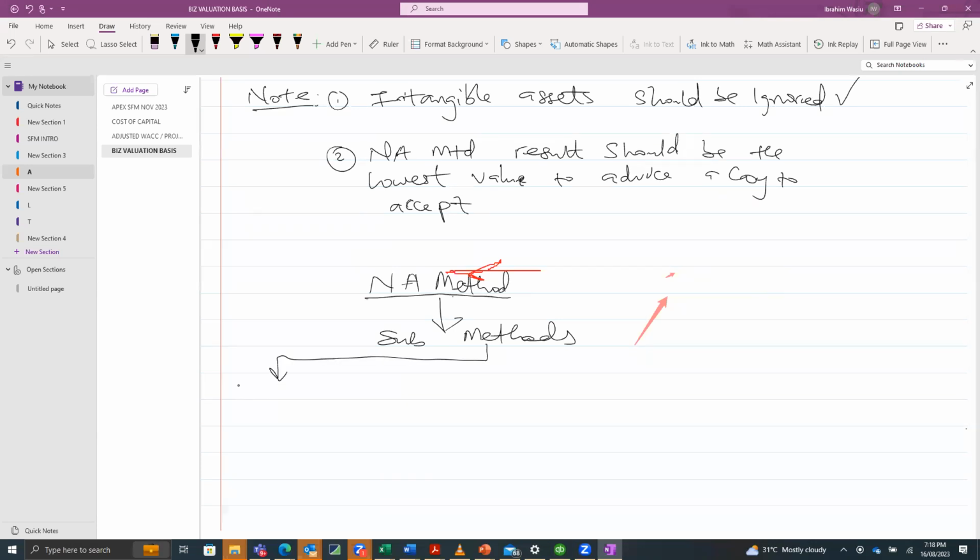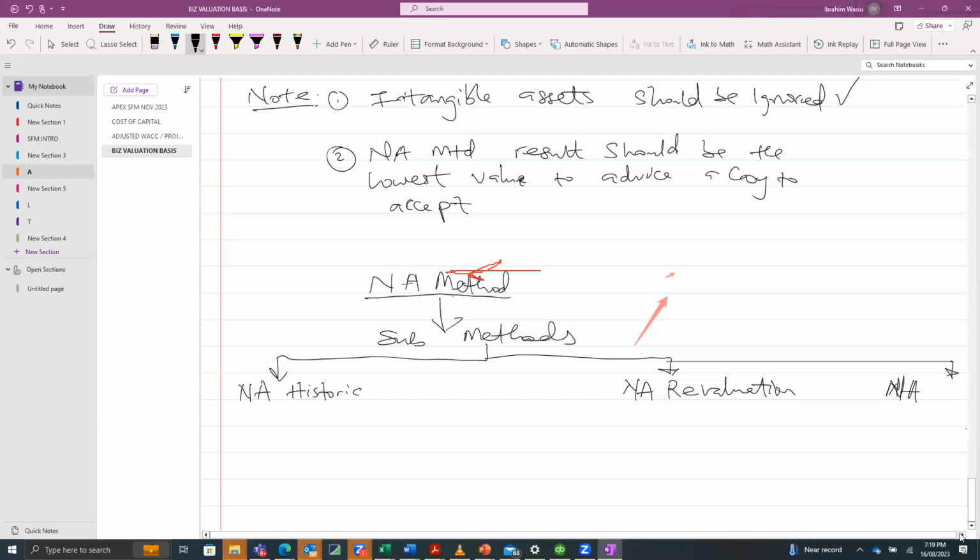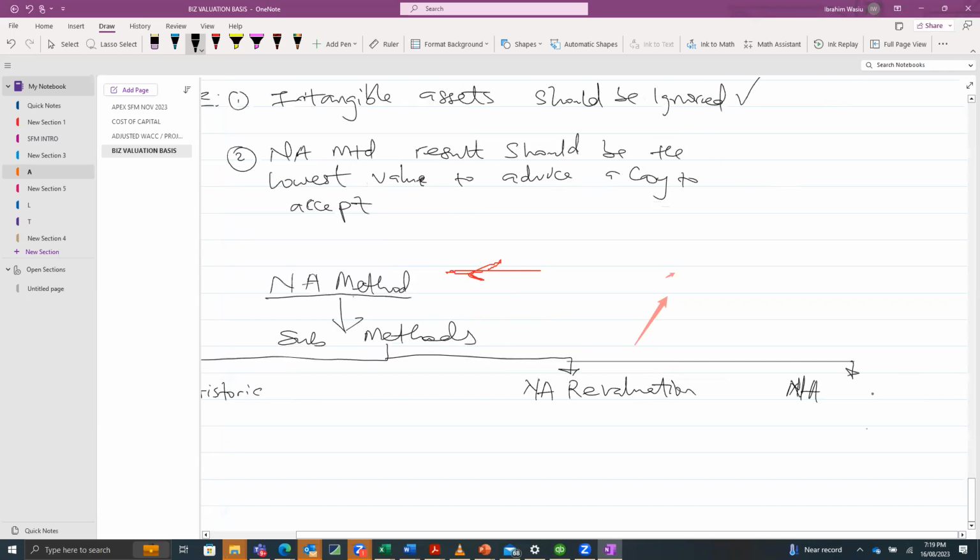We have the net asset historic, we have the net asset revaluation, and we have the net asset realization.